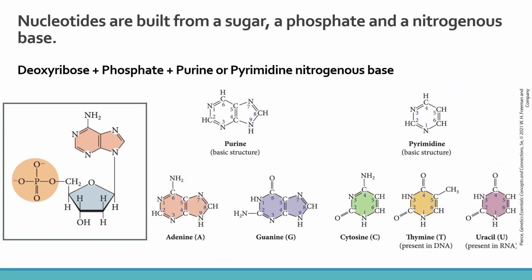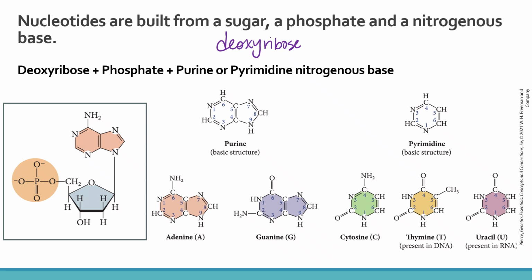So each of our nucleotides is made up of either deoxyribose or ribose. We are going to focus on deoxyribose sugar for now because our chapter is going to focus on DNA. Attached to that, we have a phosphate group.